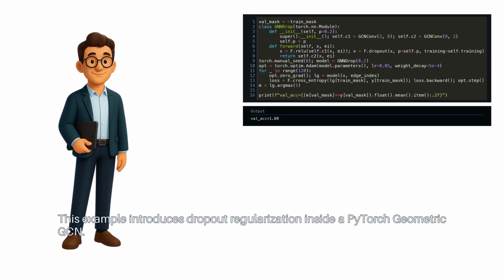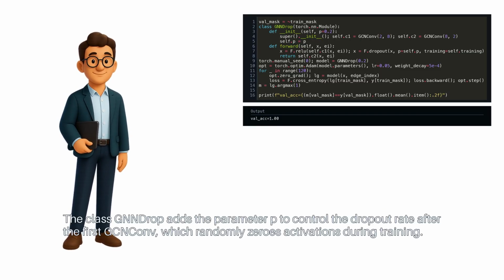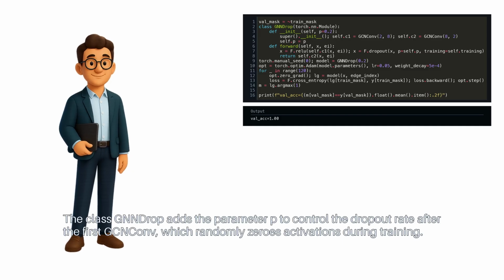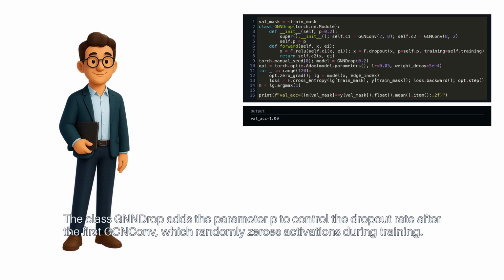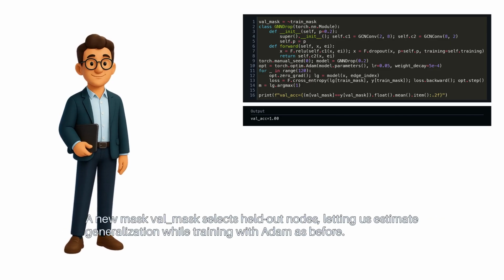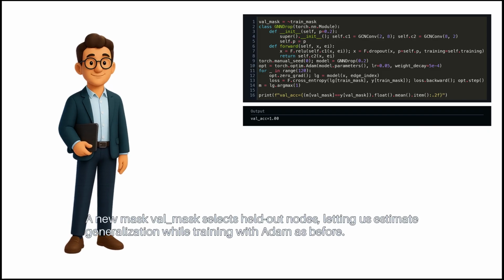This example introduces dropout regularization inside a PyTorch Geometric GCN. The class adds the parameter p to control the dropout rate after the first GCNConv, which randomly zeros activations during training. A new mask, val_mask, selects held out nodes, letting us estimate generalization while training with Adam as before.